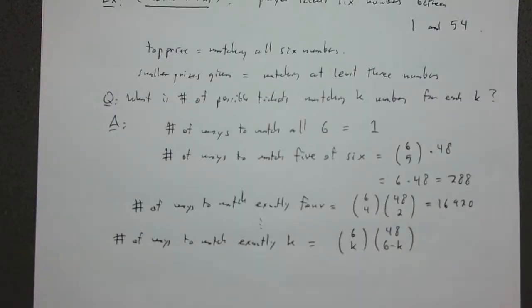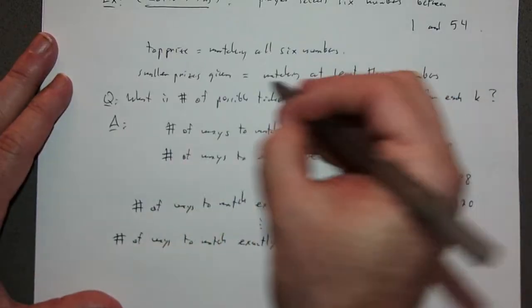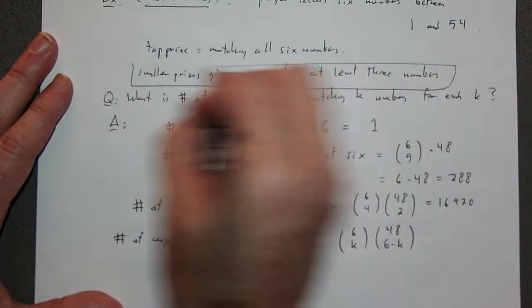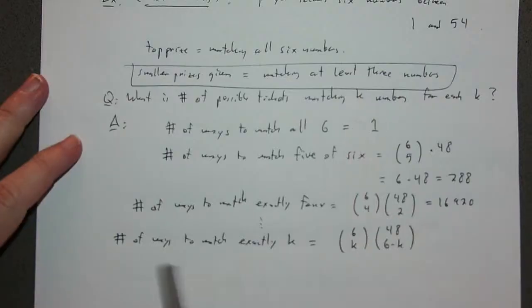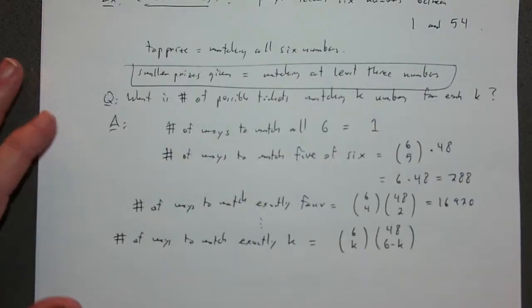And so the total number of ways to match at least 3 numbers would be obtained by summing over these sorts of terms, where k is 3 or greater. So I can count every possible ticket exactly once.